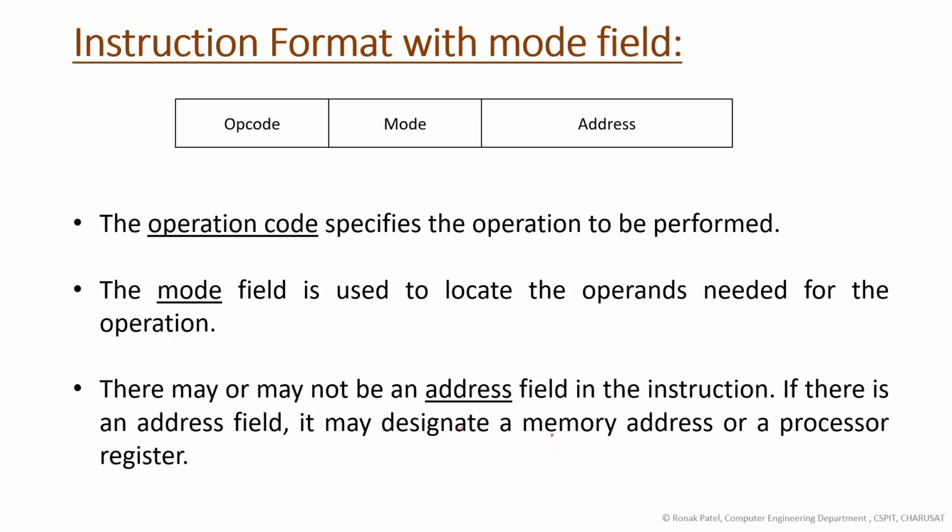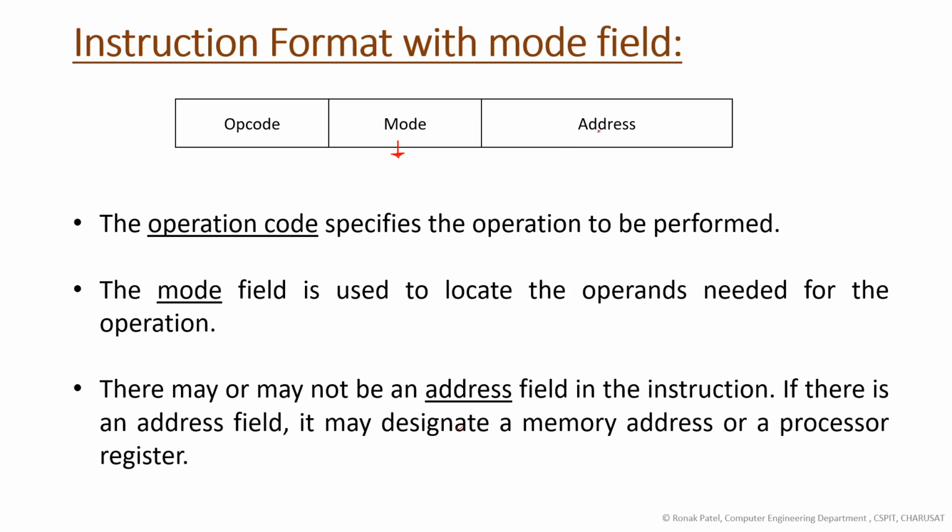Then the addressing mode, which mode is this, that we have seen here. Which mode of addressing, then the address will be specified. The mode will tell you about this addressing field, which type of addressing mode it is.